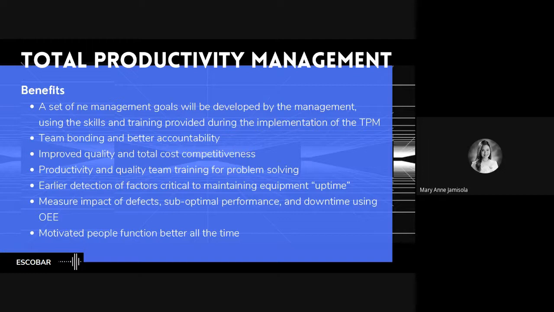There is improved quality and total cost competitiveness, productivity, and quality team training for problem solving, earlier detection of factors that are critical to maintaining the equipment uptime, and measuring the impact of defects, suboptimal performance, and downtime using the overall equipment effectiveness. And motivated people function better all the time.